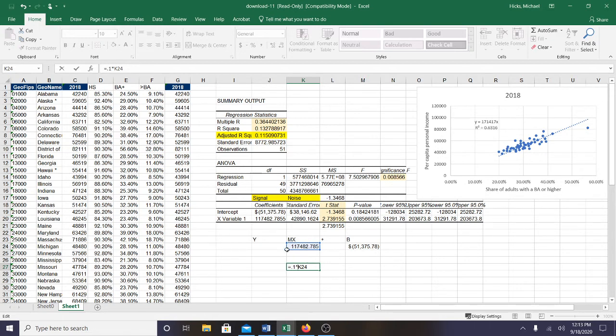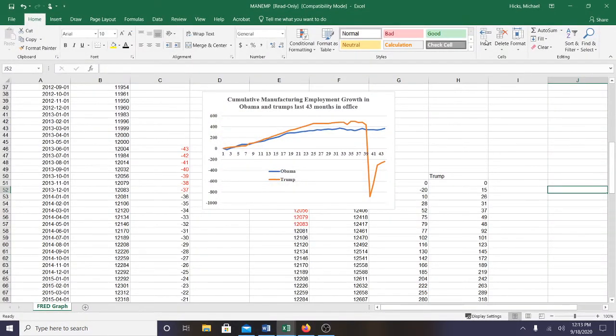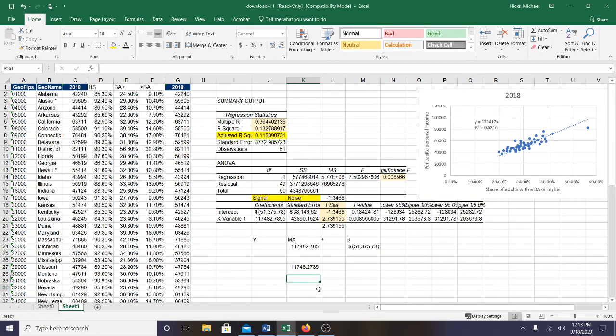So this M is that value, X is the change, right? What would be the marginal change in per capita income? The answer is $11,000.